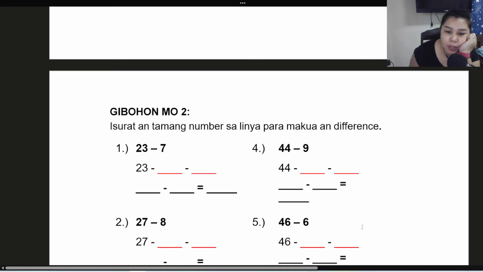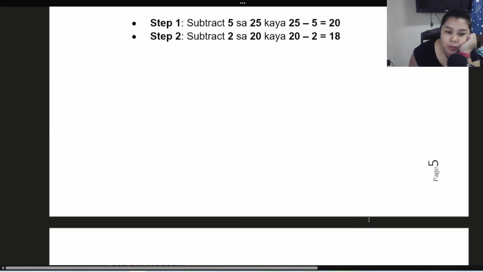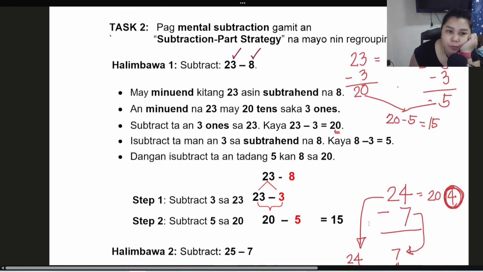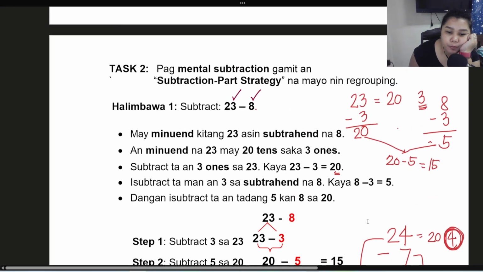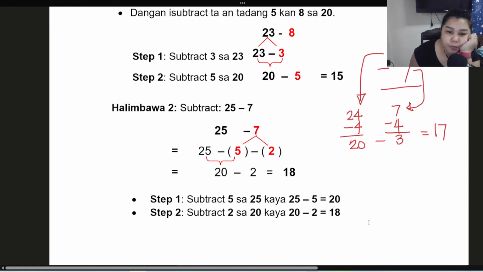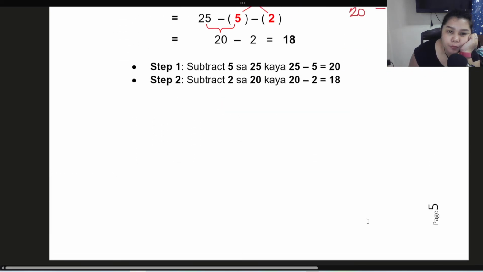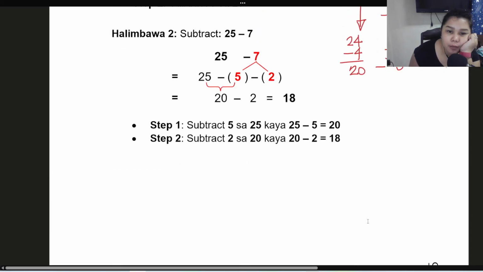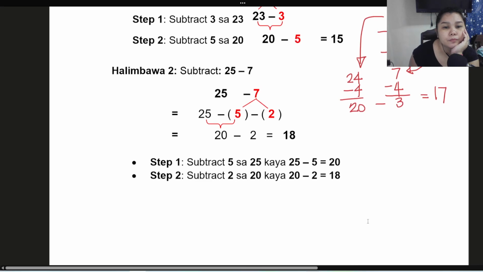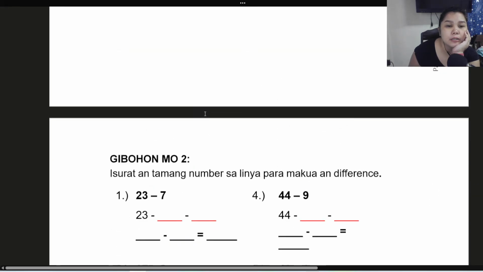It should be 23, so, blank, blank, blank. Okay. Sige. Pwede. So, you just follow this para masagutan ang nandito sa baba.